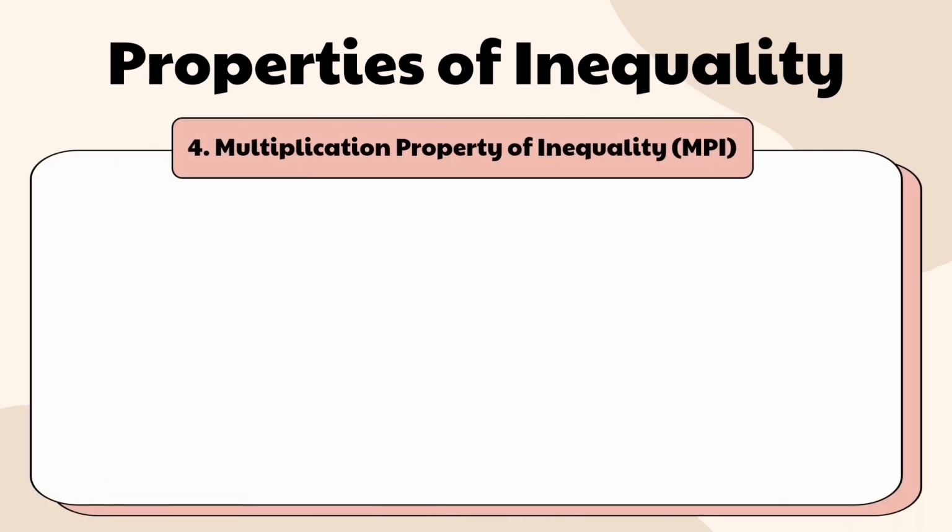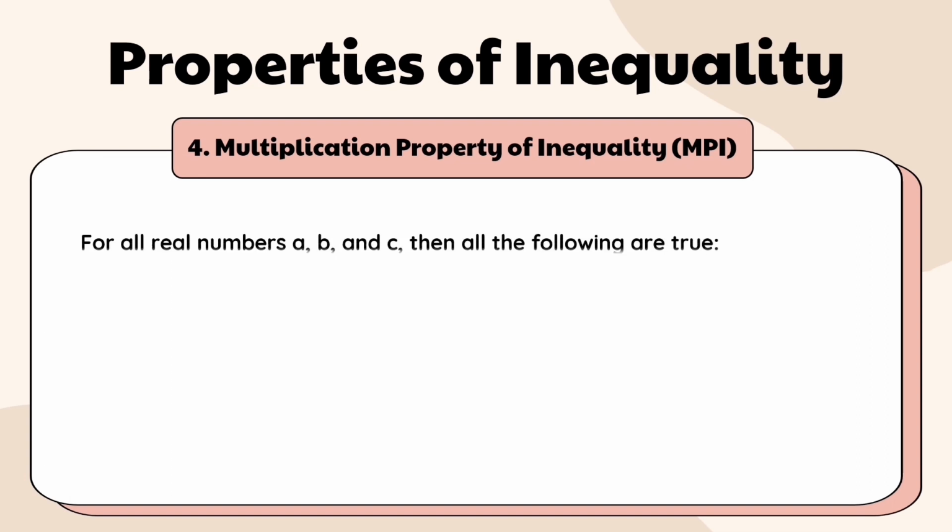The last property is the multiplication property of inequality, or MPI. For all real numbers A, B, and C, all of the following are true. If C is greater than 0 and A is less than B, then AC is less than BC.